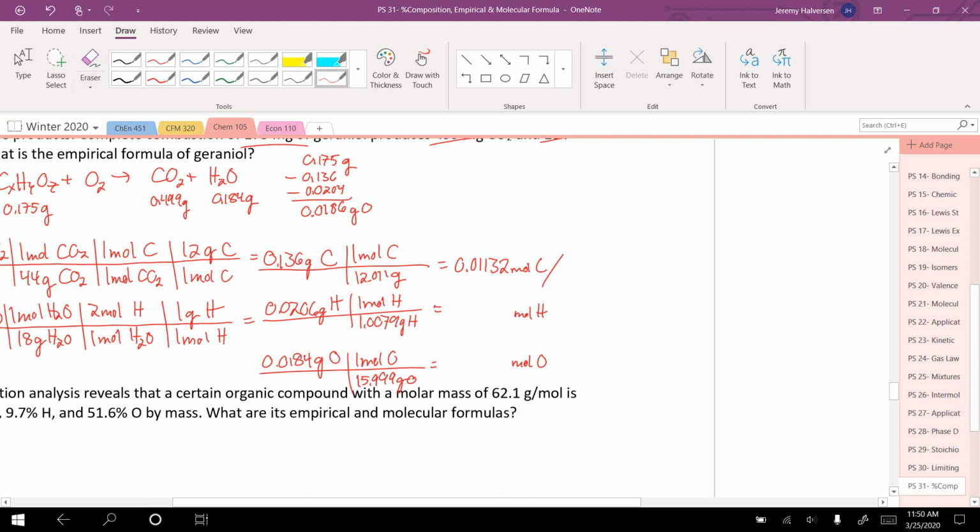The way to avoid what I just did is to, when you're doing combustion analysis and any empirical formula problems, carry out your decimals. And divided by the smallest.